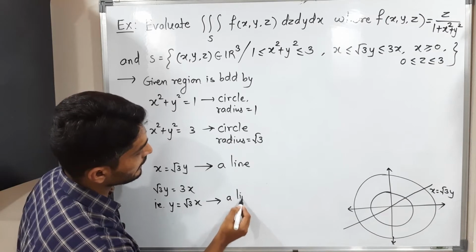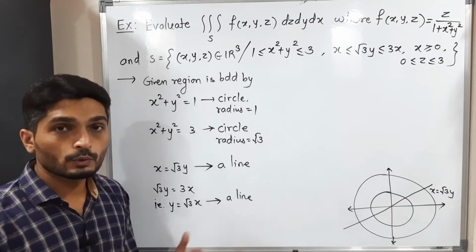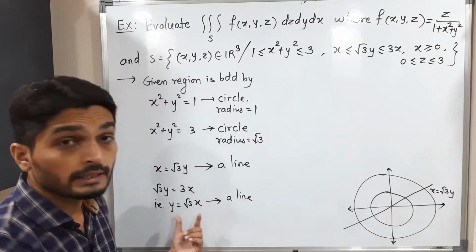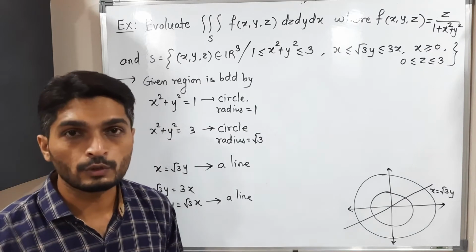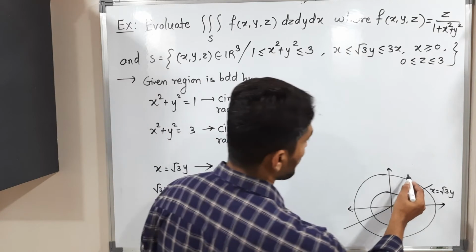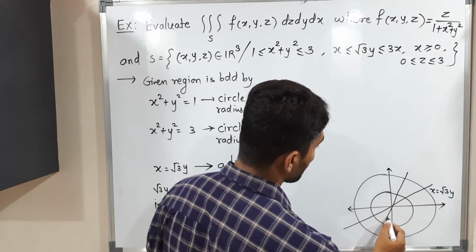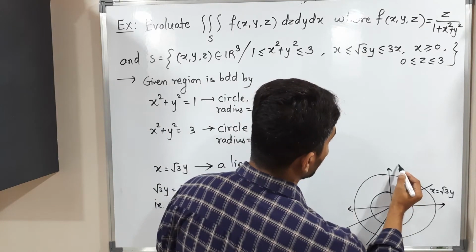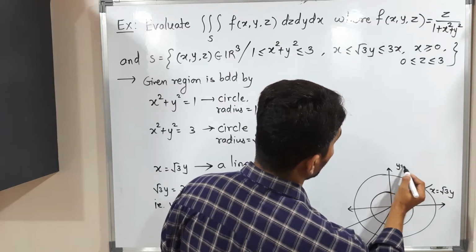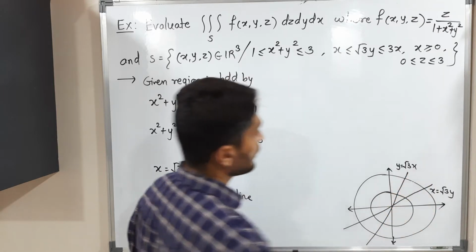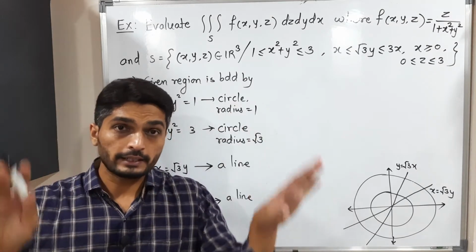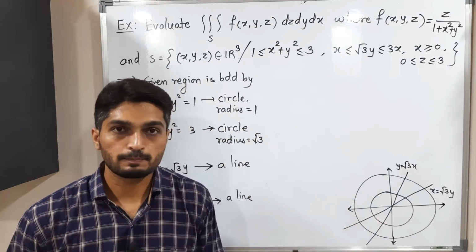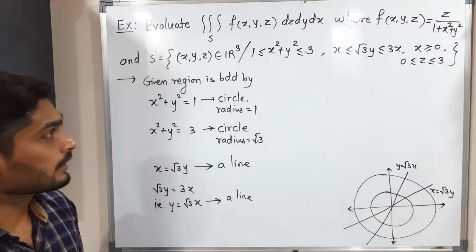So it is again a line, and it passes through the origin because if I put x is equal to 0, y also will be 0. So this is my second line, y is equal to root 3 x. You can check by drawing that table. You will have a line like this. Let us go further.